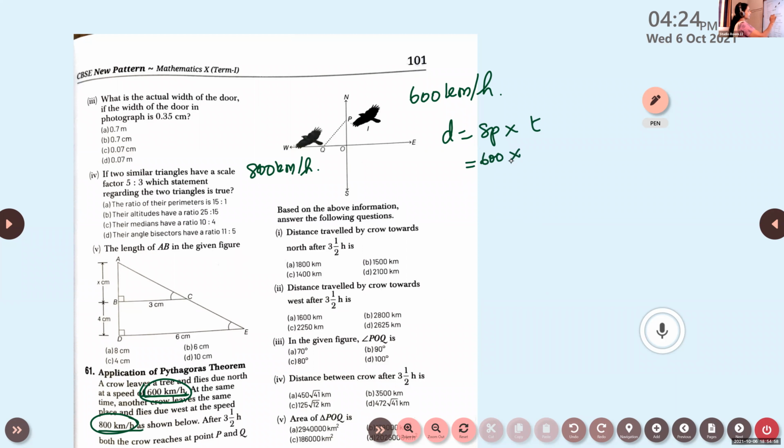And what is the time given here? 3.5 hours, so it is 7/2. Simplify this. It is 2100 kilometer.